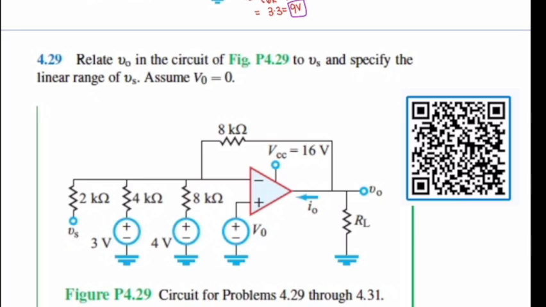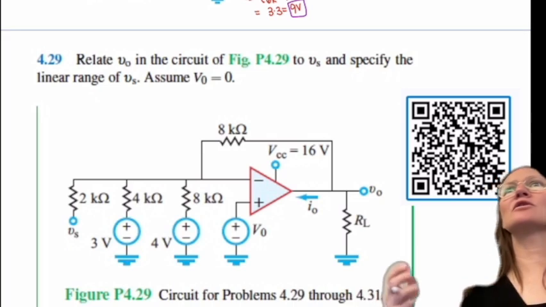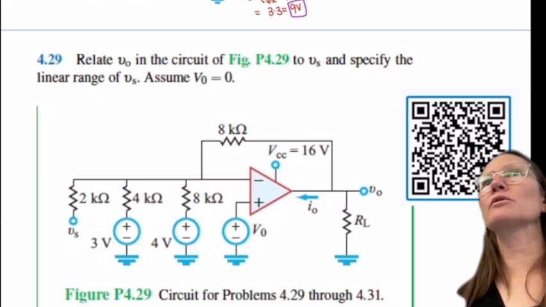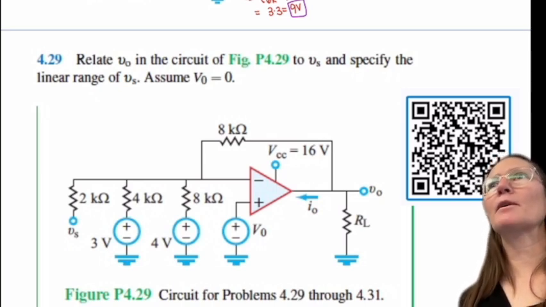It would be a non-inverting again. I would put those 3 in parallel as one resistor, and then it would be a non-inverting configuration with 8K over these 3 in parallel, plus 1, times that V naught value. And I would then add that to the summer of the VS 3 volt and the 4 volt result. Does that make sense? Okay.